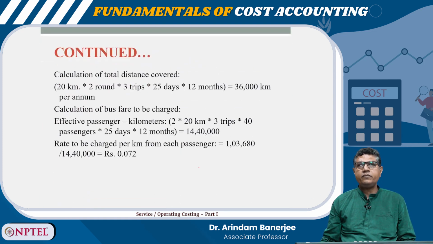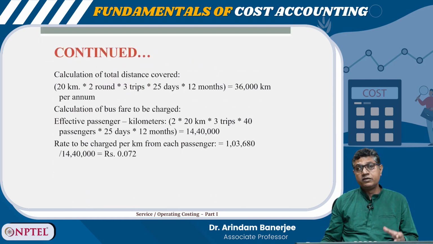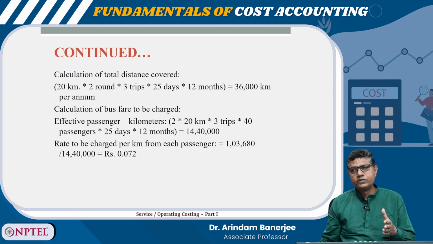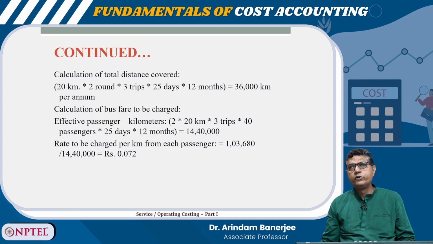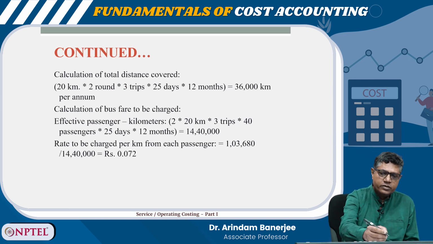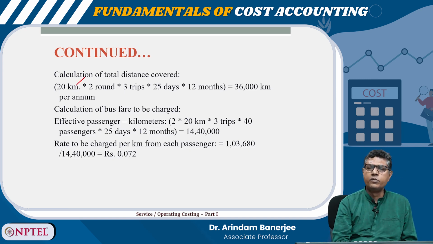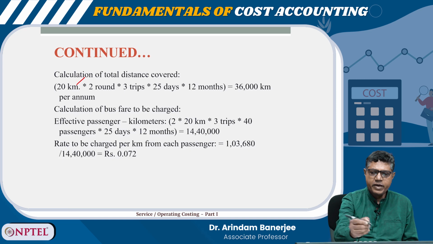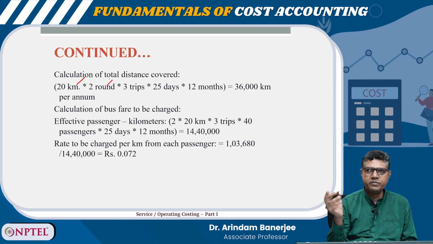Now, I need to see that this revenue is coming from traveling how much total distance. Each journey is about 20 kilometers, it is given, and it makes 2 rounds, a round trip.